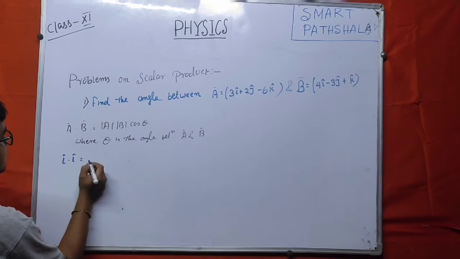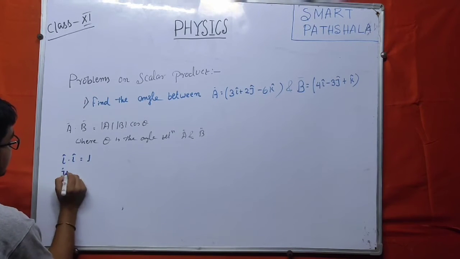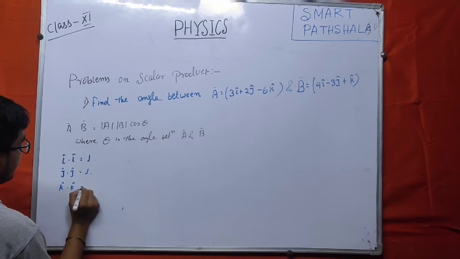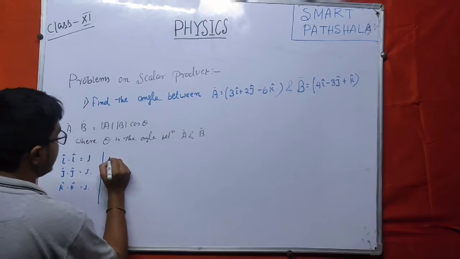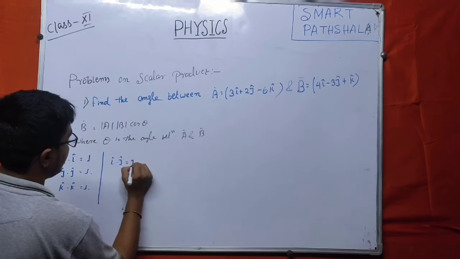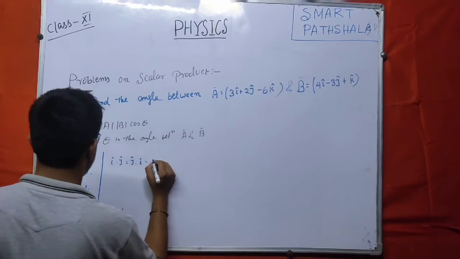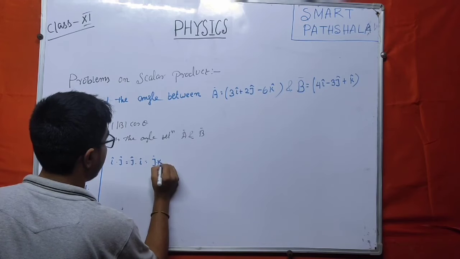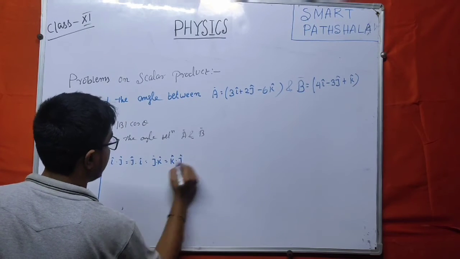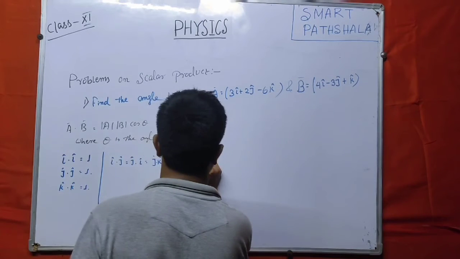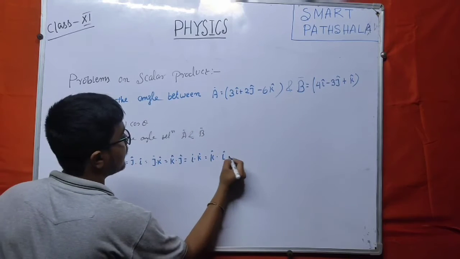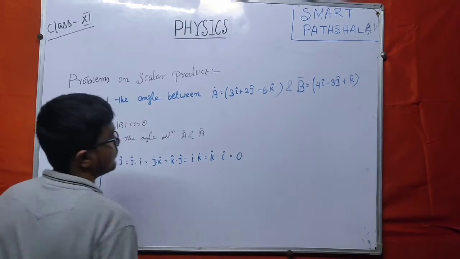I dot I is equal to 1, J dot J equal to 1, K dot K equal to 1, and I dot J equal to J dot K equal to K dot J equal to I dot K equal to K dot I equal to 0.